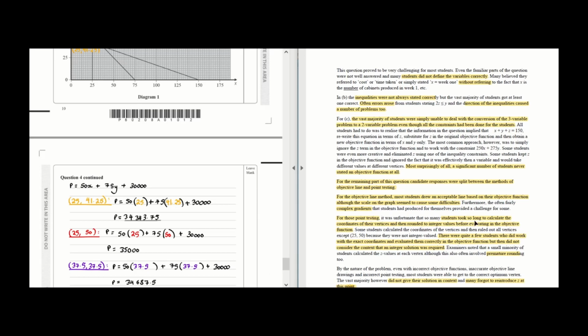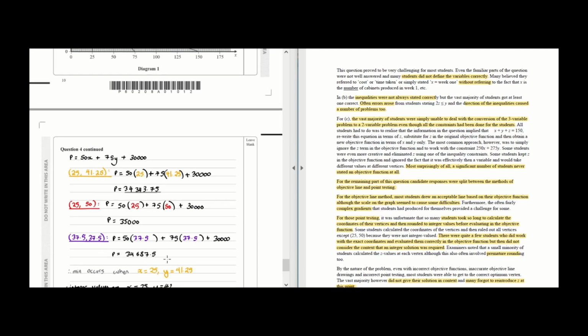So one of the problems over here was that they took long to calculate the coordinates of their vertices and then rounded to integer values before evaluating the objective function. So what I did over here, I worked out values and did not do any rounding in these couple of steps.